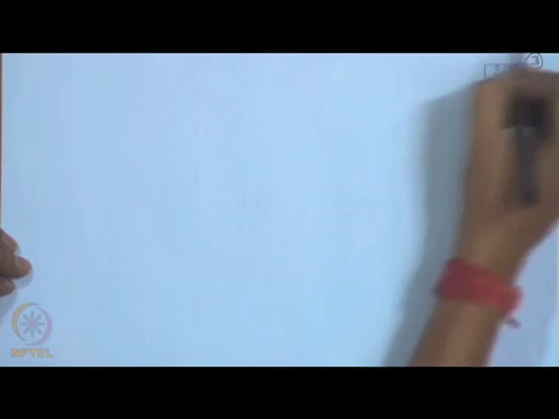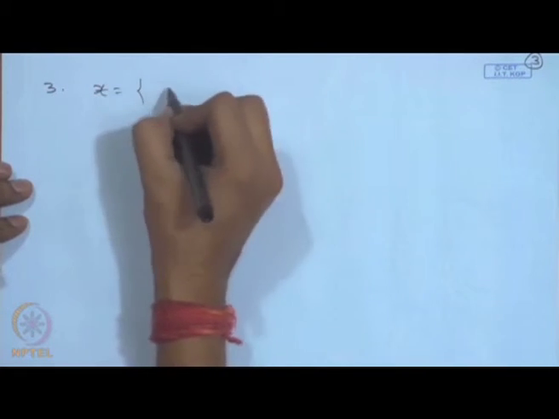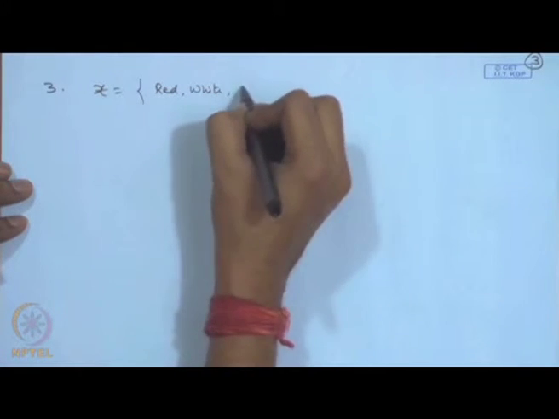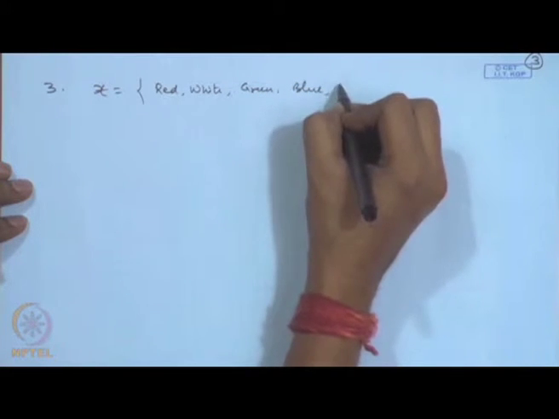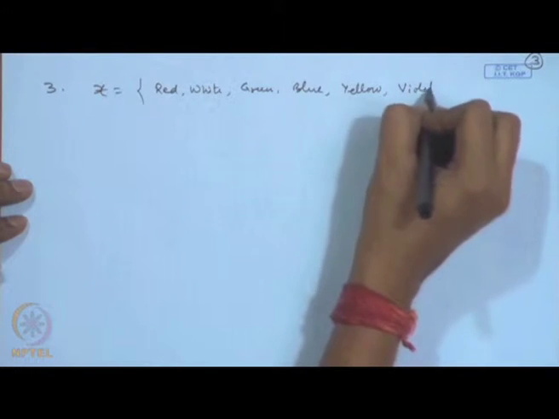Let me take another example. Let us consider X as the colors red, white, green, blue, yellow and violet.